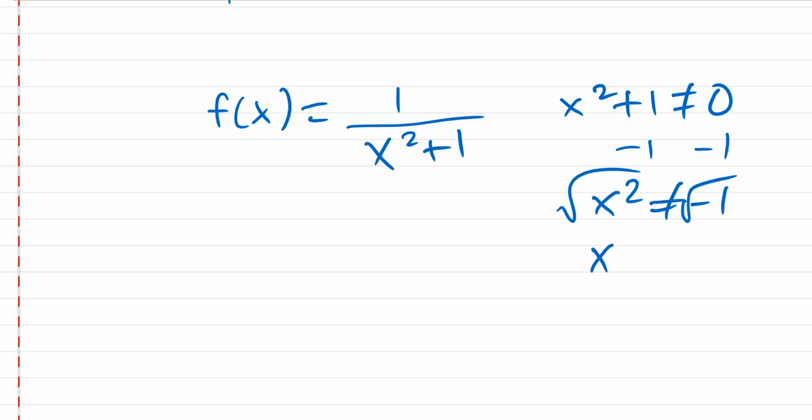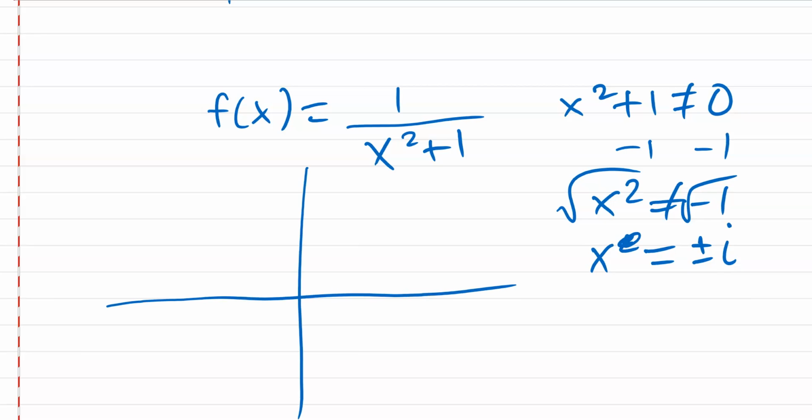Square rooting, x cannot be plus or minus the square root of negative 1. X cannot be imaginary. Where is the imaginary number on this x-axis? This doesn't exist. So what this means is there's nothing that can make that denominator 0. This has no vertical asymptote.